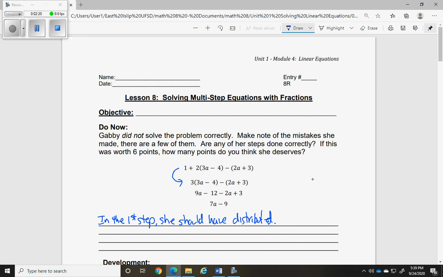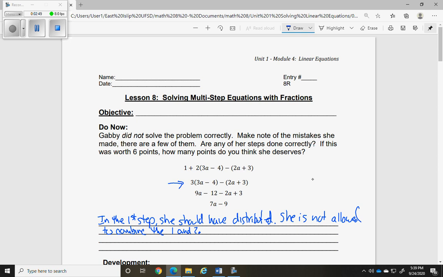You're not allowed to combine the 1 and 2. But we have to just continue looking at her work.